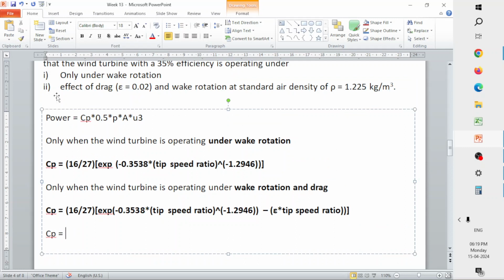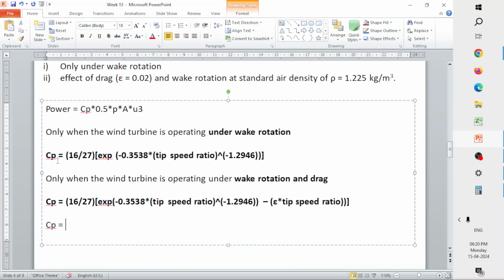So first, it is only under wake rotation. If that is the case, then the correlation will be Cp equal to 16 by 27 times exponential of minus 0.3538 times tip speed ratio, whole to the power minus 1.2946. So we just need to now calculate the tip speed ratio.